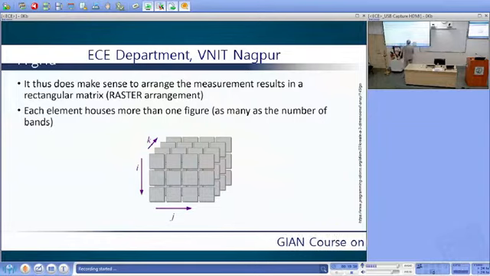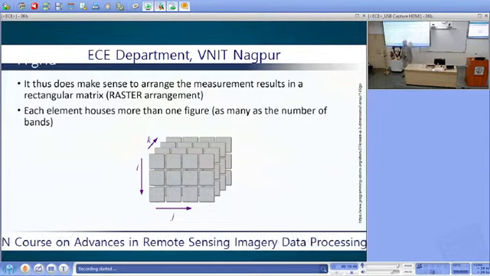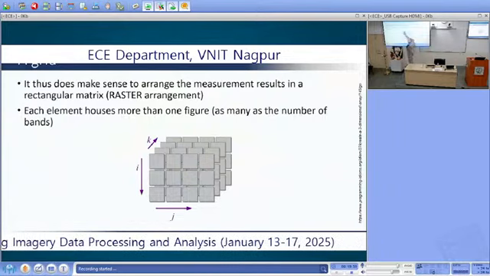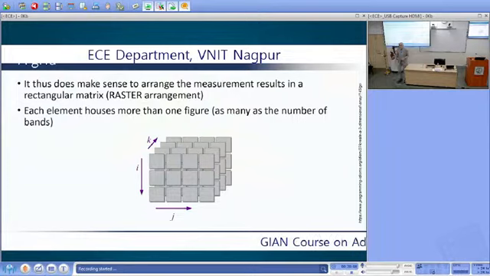So these are spatial directions, but not cardinal directions. And then there's a third dimension, which is basically the spectral dimension. Why? Because these are the bands. Okay, so for every possible location, you break down the signal into spectral components, and these spectral components are separate measurements, in fact.